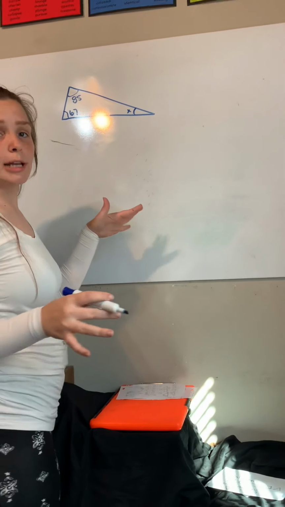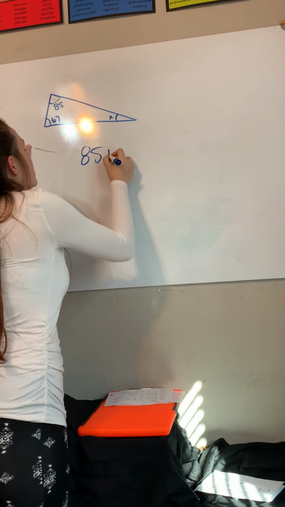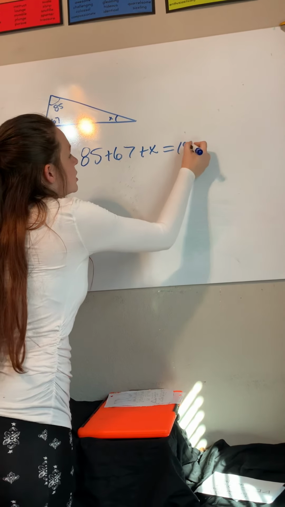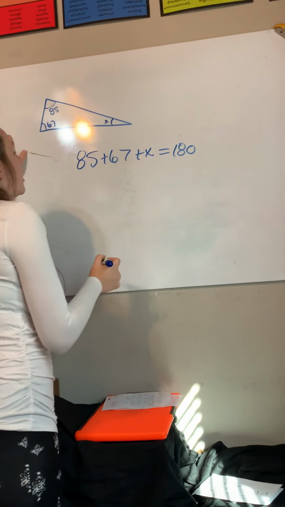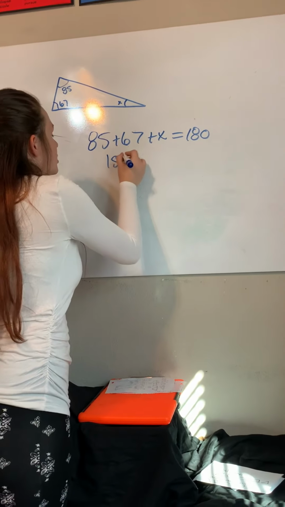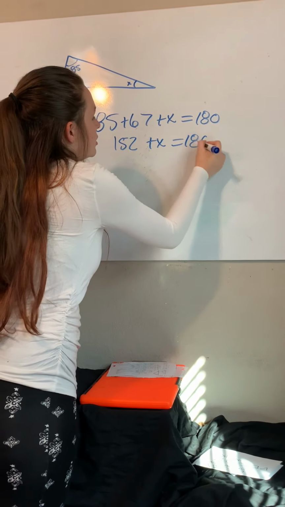Alright, we're going to set it up the same way. We are going to do 85 plus 67 plus X equals 180. 85 plus 67 is 152, plus X equals 180.